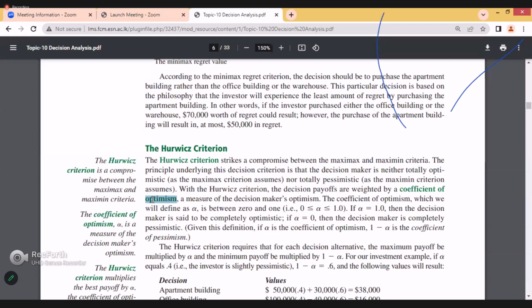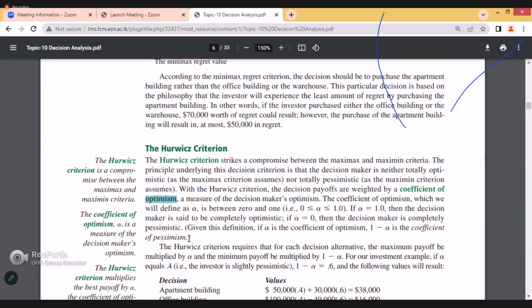That is called the alpha value. Based on the alpha value, we can make additions. The rest of the part is 1 minus alpha. So the weightage, according to this criterion, is a compromise between maximax and minimax. That's why this weightage is given.